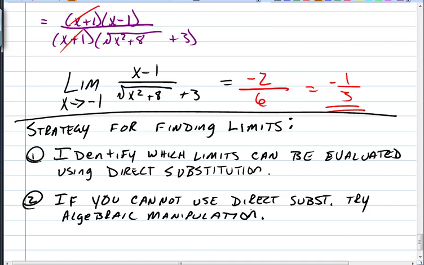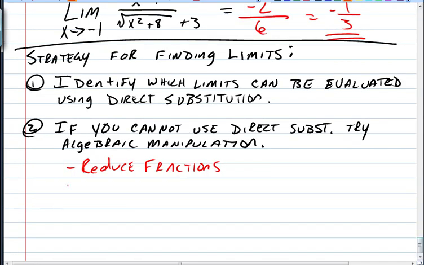By algebraic manipulation, what I mean is reduce your fractions or rationalize the radicals. Okay, that's how I knew.